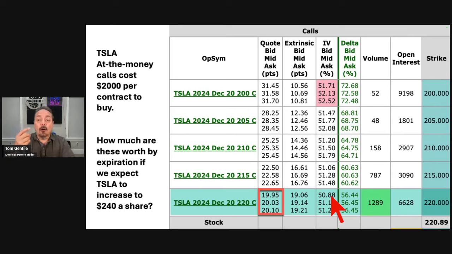Maybe you buy call spreads where you're able to really hedge that volatility and hedge the prices too. That's where you buy a lower strike call, sell a higher strike call. You could buy a lower strike put, sell a higher strike put, and put a put credit spread on as well, right? Those are the ways that you achieve return on risk with this particular pattern. So that's the Tesla calls.